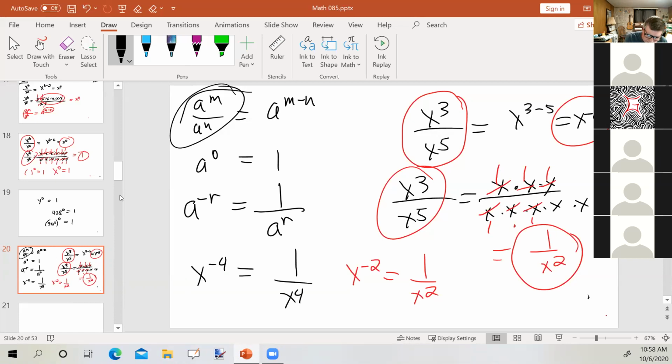We're going to use these three rules in this next section. If you want more review of this, and you've got the textbook or even the ebook, go back and look in section 5.1 and 5.2, where it talks about all of this stuff.